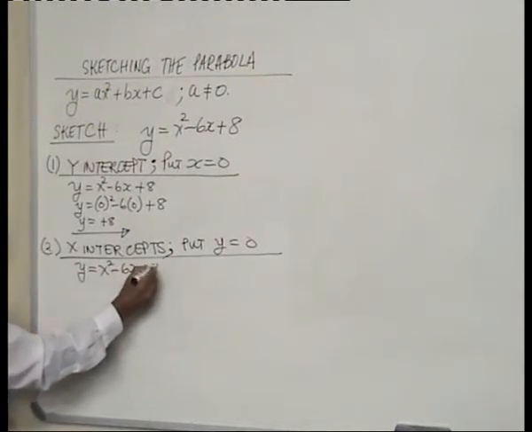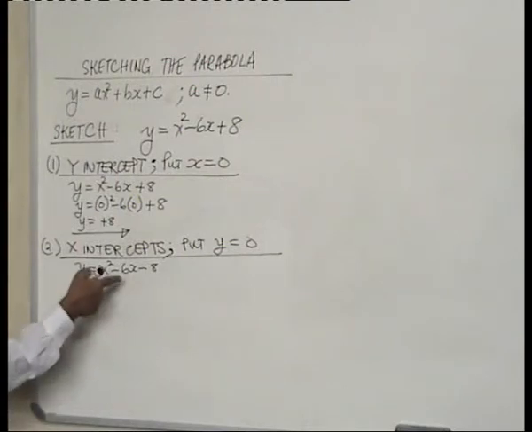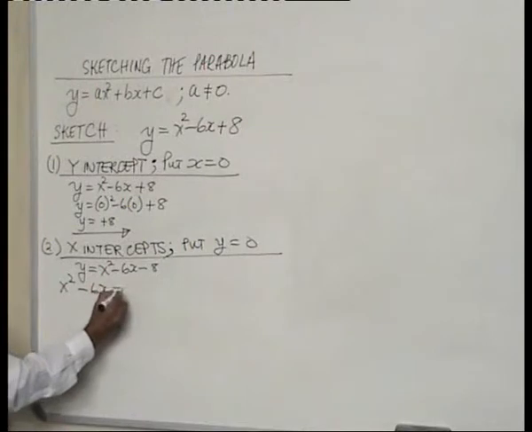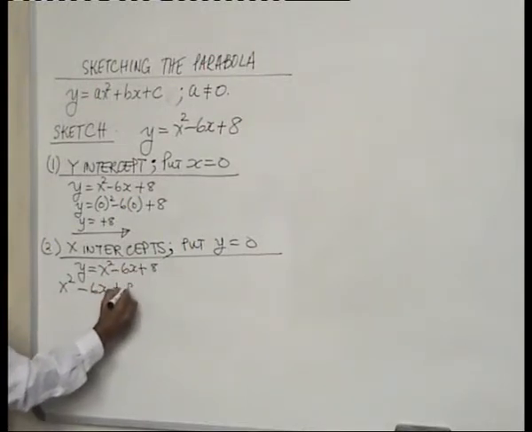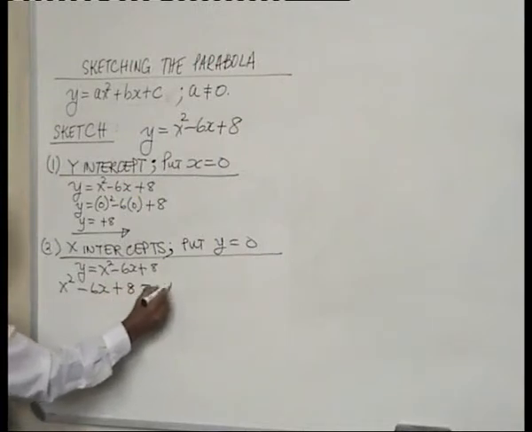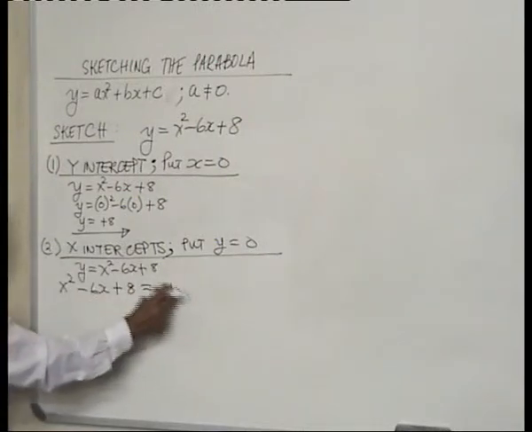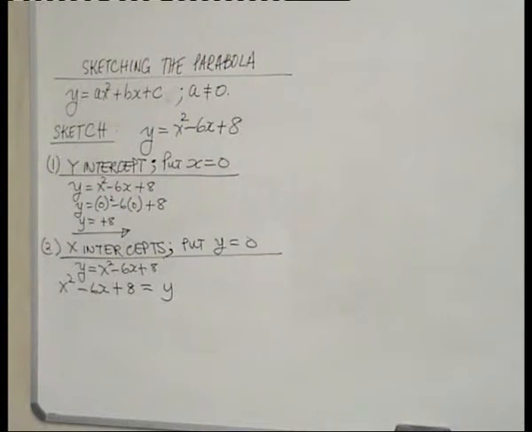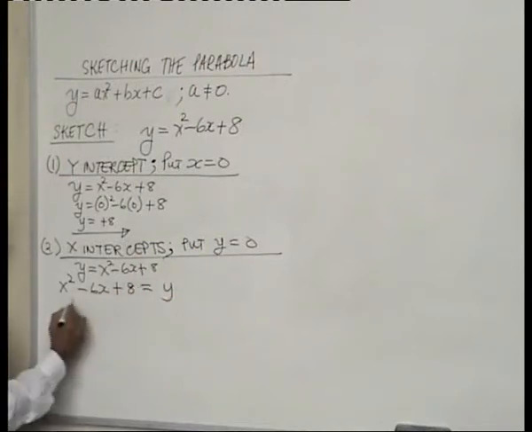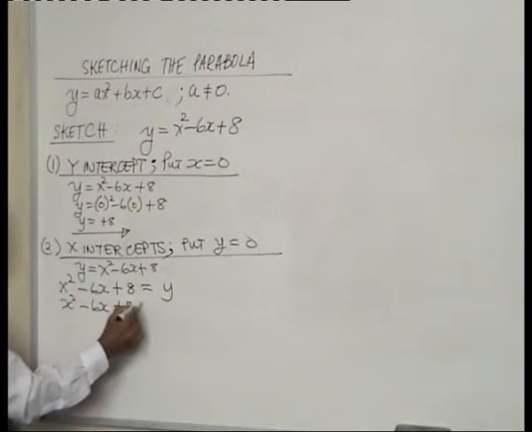That's how it is written normally. So for convenience, I can write this as x squared minus 6x plus 8 is equal to y. For convenience, I can write the y on that side and I can write all of this on this side. That's a law of equation. Right. Now if I put y equal to 0, then this becomes x squared minus 6x plus 8 is equal to 0.